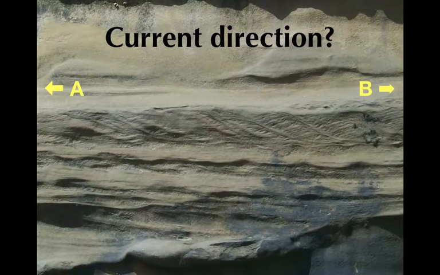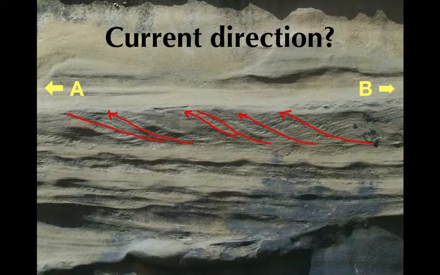Okay, quiz time. What was the current direction here? Well, one of the things that your eye will typically be drawn to are these surfaces, which, if you're not looking carefully, could be thought of as crossbeds. But in fact, what you're really looking at there is the angle of climb on climbing ripples.